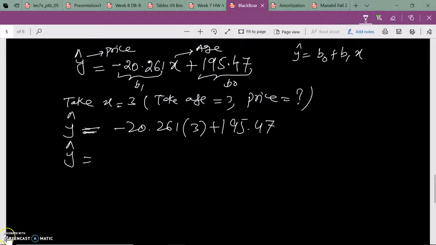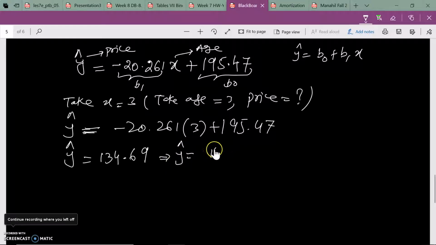y hat comes out to be 134.69 when I round it to 2 decimal places. But recall that those prices were in hundreds of dollars. So this price is 134.69 in hundreds of dollars, and I have to multiply it by 100.